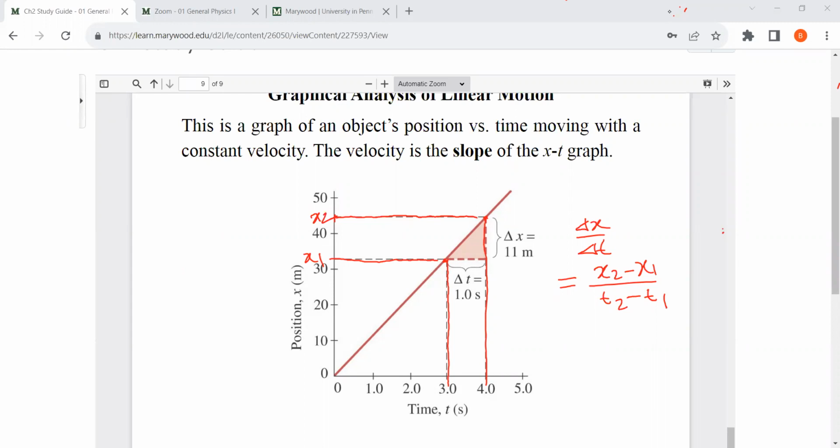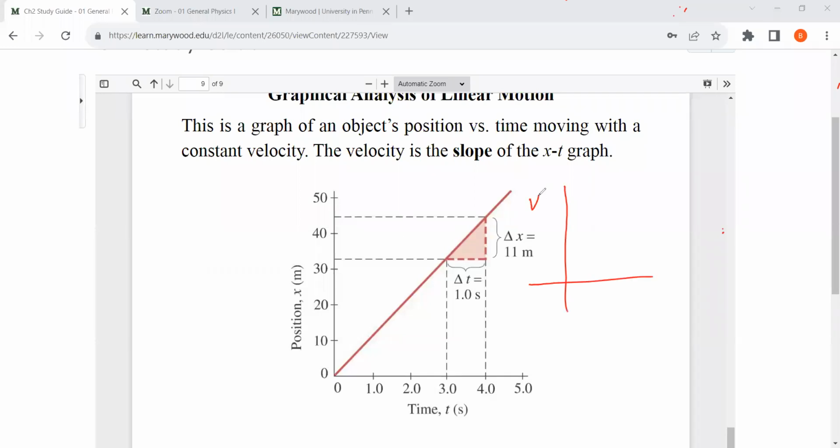Now sometimes we may have a velocity versus time graph. This is a position versus time graph, and a position versus time graph basically gives you the velocity. Now if we have a velocity versus time graph, the slope of this graph is delta v over delta t, right?